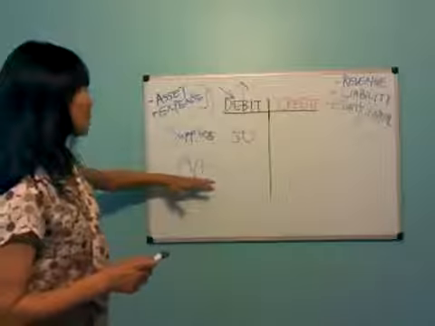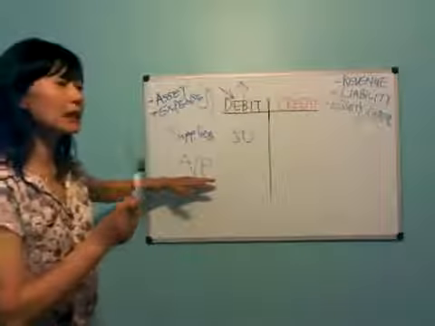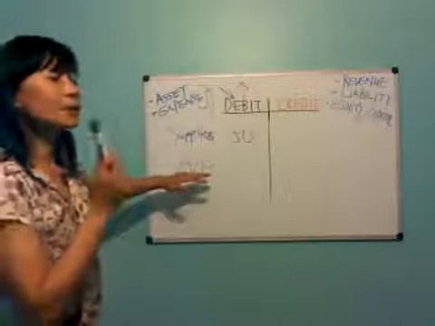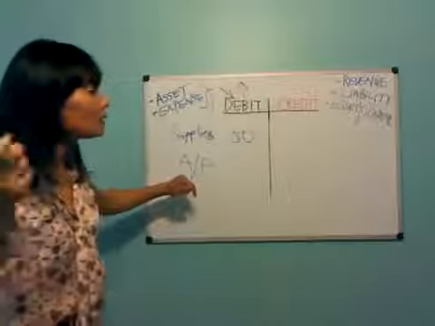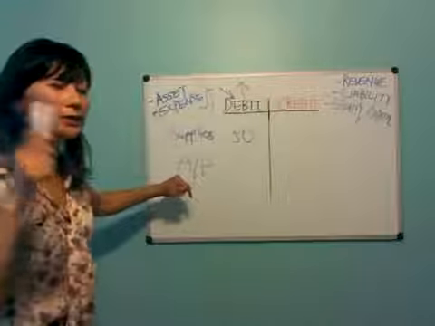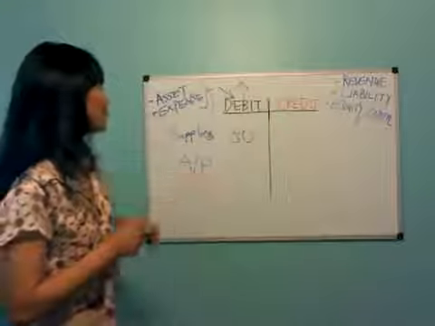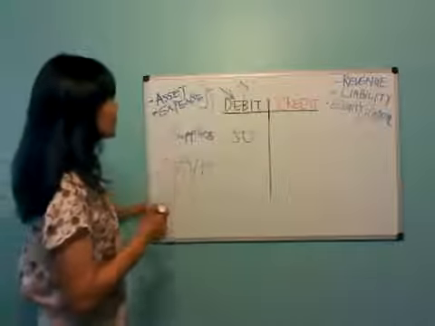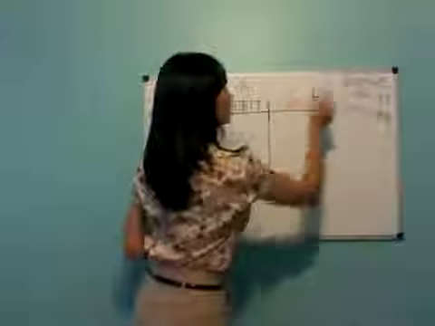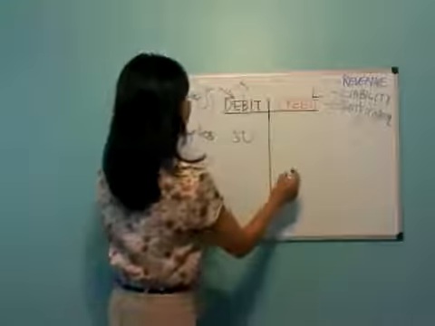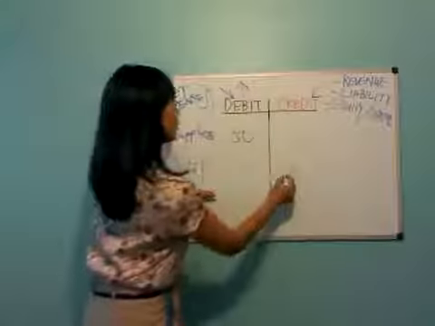AP means accounts payable. Accounts payable is the money that I must pay to my supplier, not today, but in 30 days, when the due date comes. So it's a type of liability. We follow this rule: these items are normal on the credit side. So accounts payable just went up by 50.